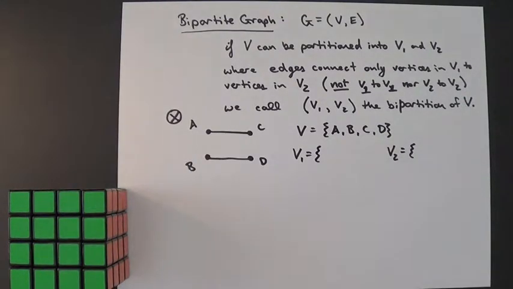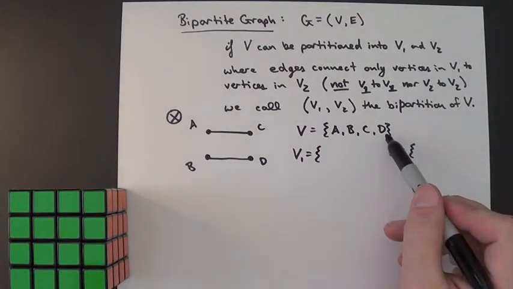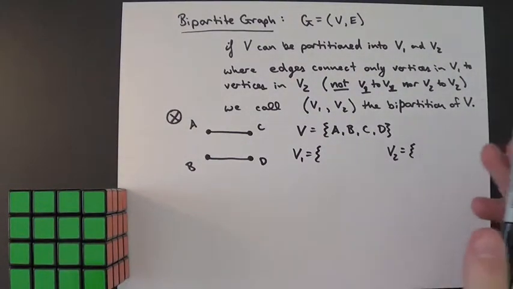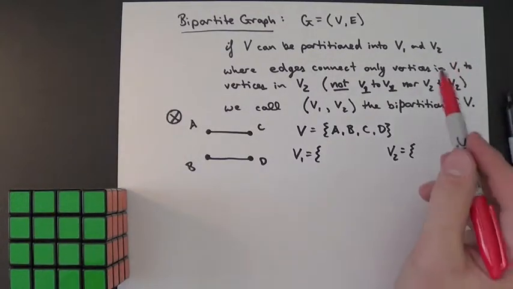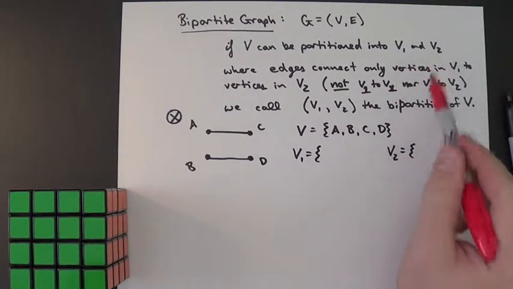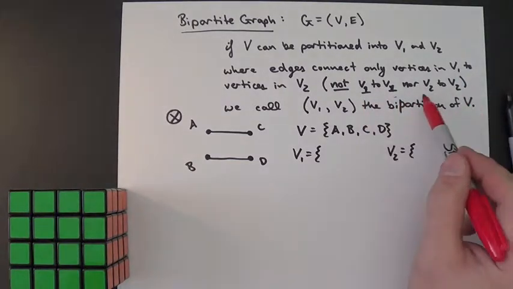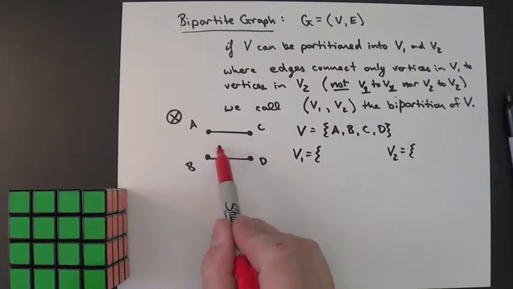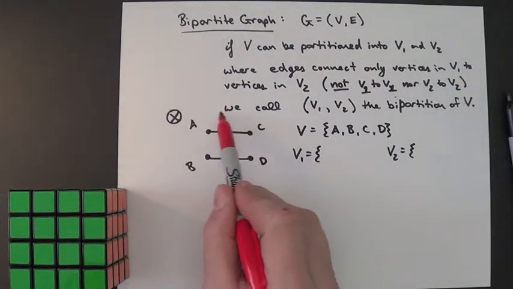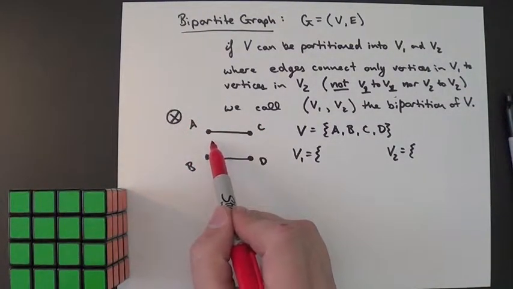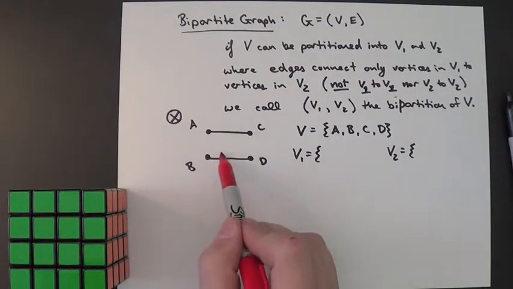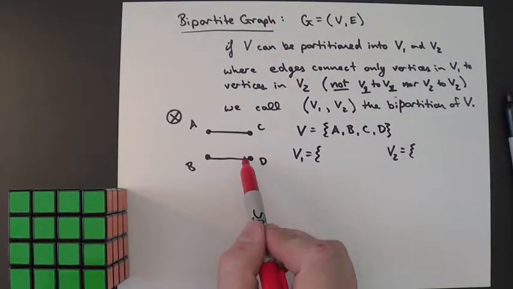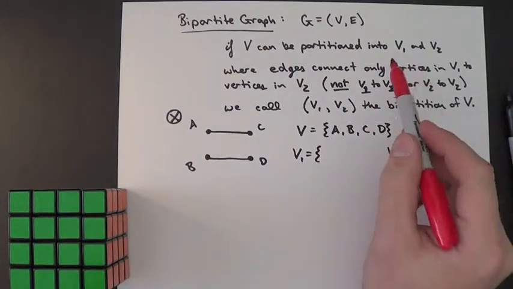So, if we look at this, how can we partition the set V so that we have two sets which connect only between the two, V1 and V2, not V1 to V1 nor V2 to V2. A common mistake is to go ahead and say these two vertices are one partition and these two vertices are another. Notice that if we take only A and C and then B and D together, those are the negation, if you will, of what we want.